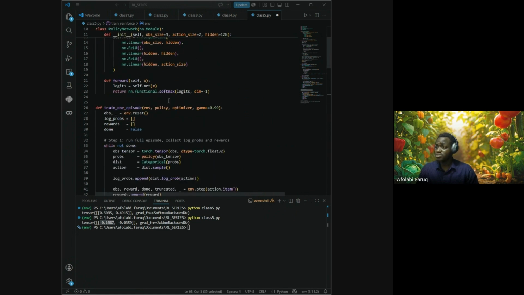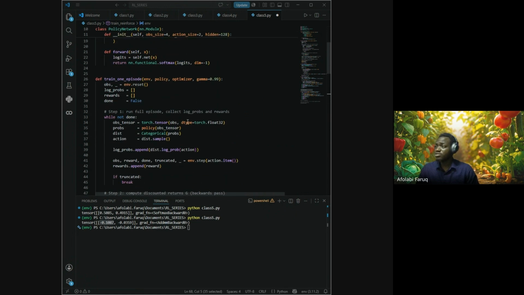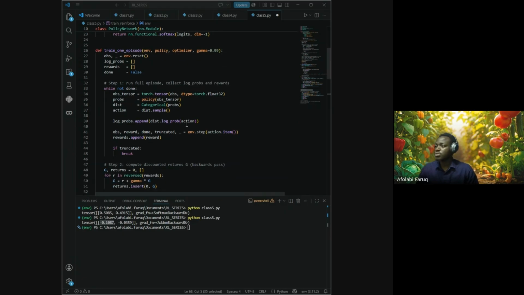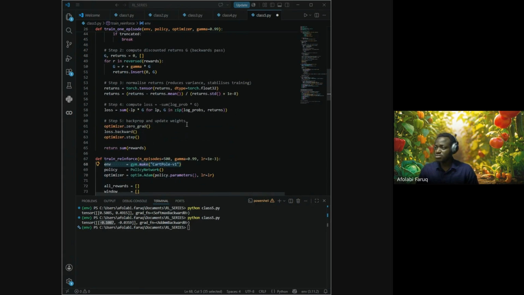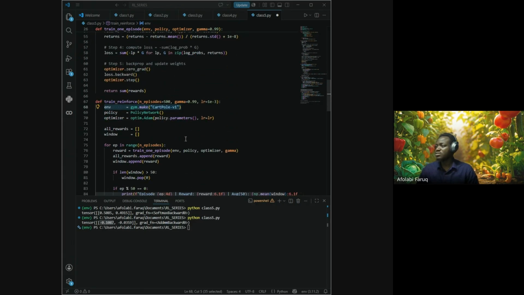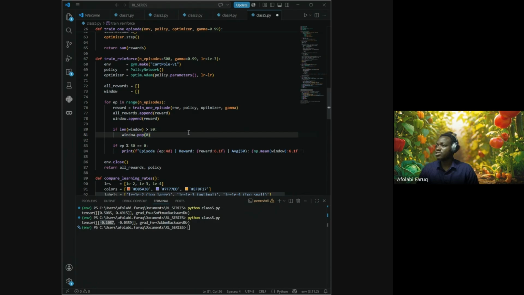So here is the neural network. Here is a function for a single episode. Once we train on a single episode, this is what we get, and it returns the reward. Here is a function that trains the CartPole with the neural network.